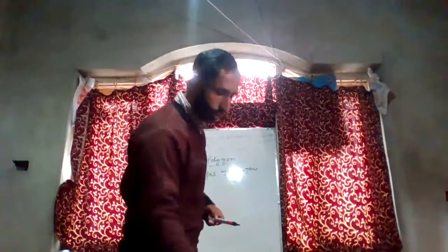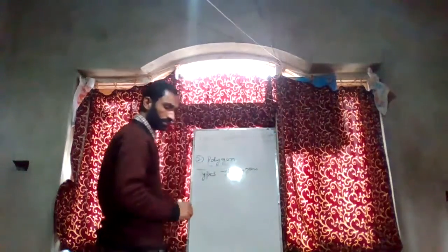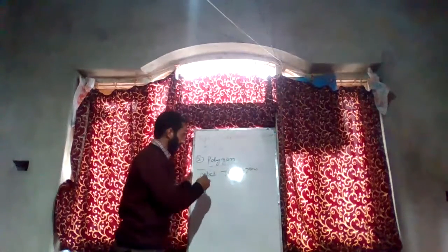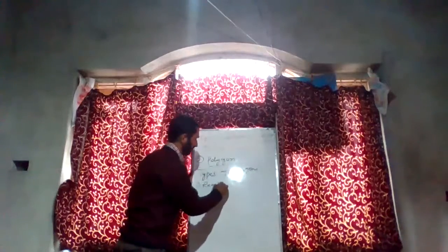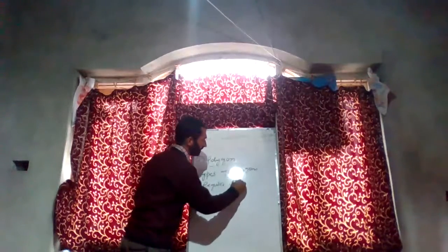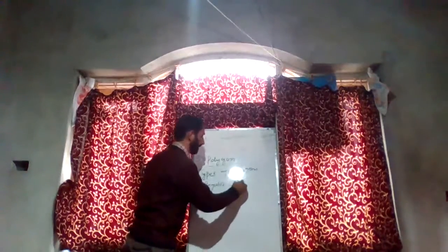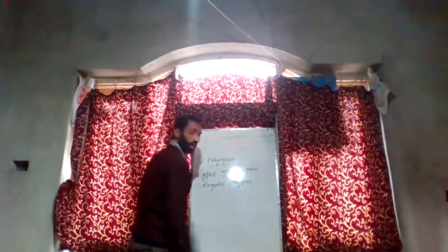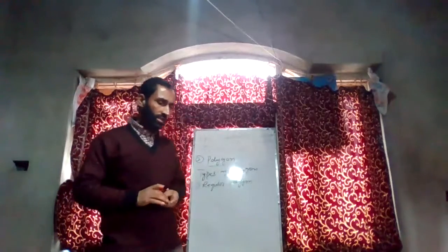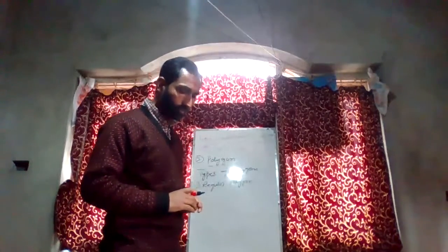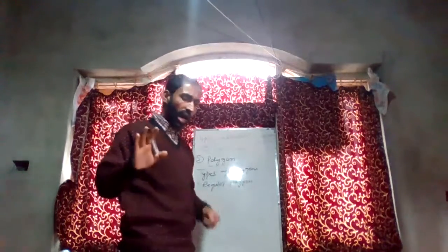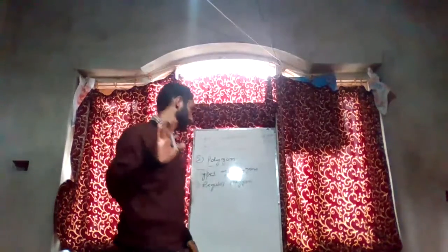Number one is regular polygon. Dear students, what is a regular polygon? A polygon whose all sides and all angles are equal.